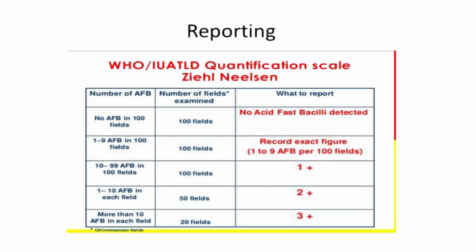In the case of WHO, you can report +1, +2 or +3, or you can report scanty, depending on the guideline you are referring to, because every guideline has its reporting system based on looking at certain fields and reporting whether it is +1, +2 or +3.